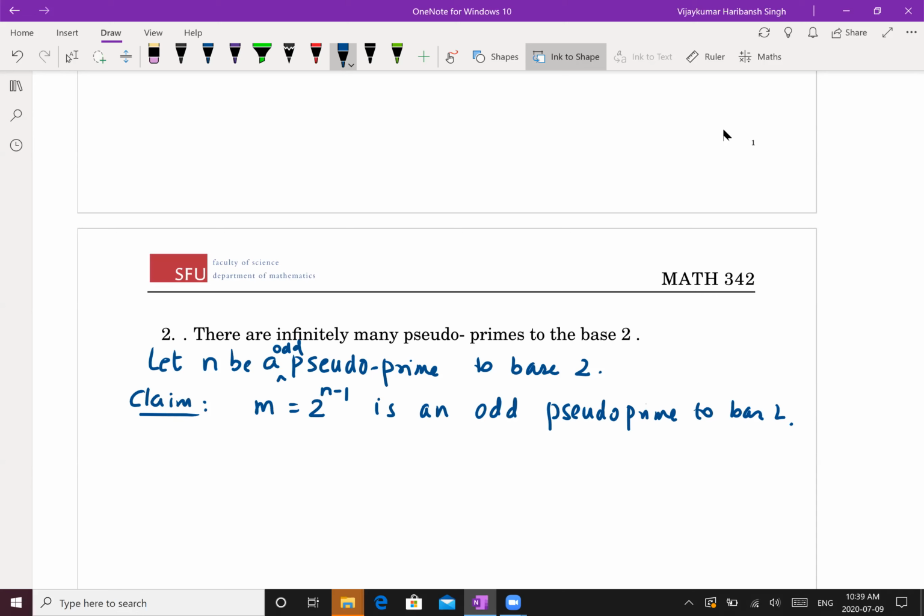So to prove this, let n be a pseudo-prime. So we start with n being a pseudo-prime. Therefore, n is composite. So proof: since n is a pseudo-prime, this implies, one, n equals d times t, since n is a composite number.